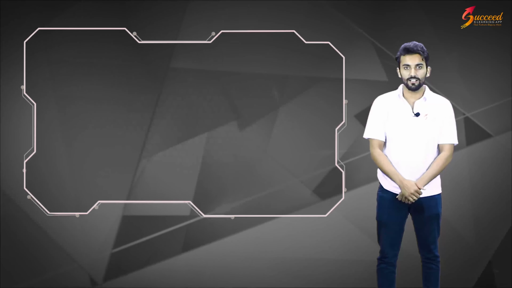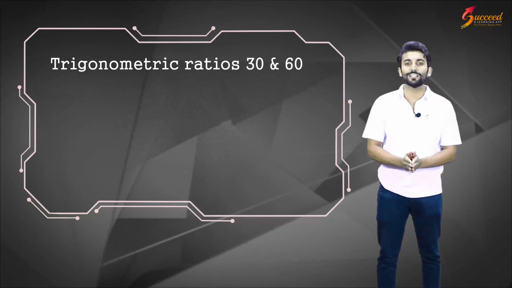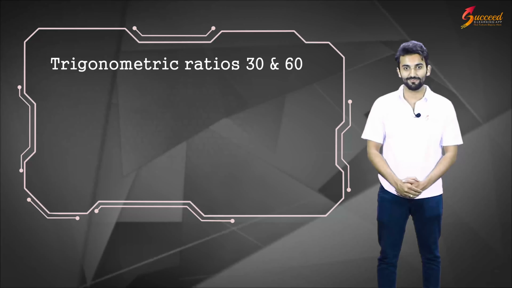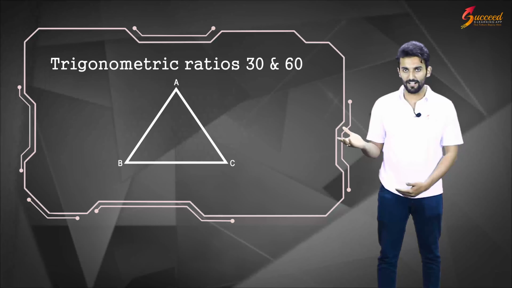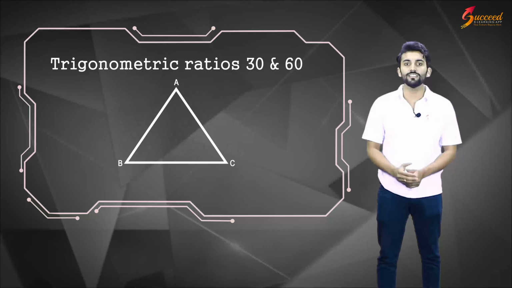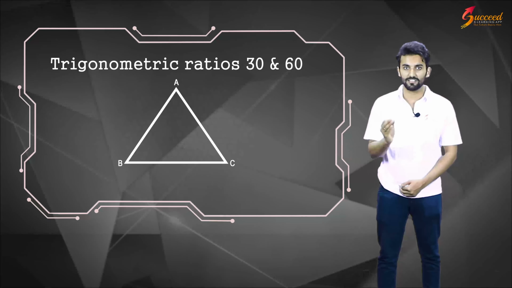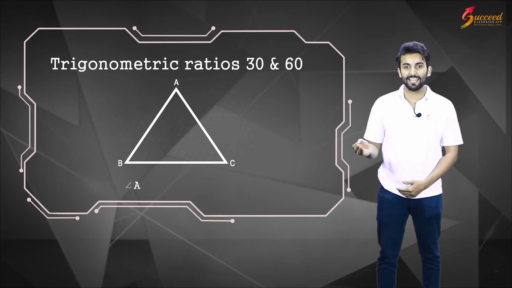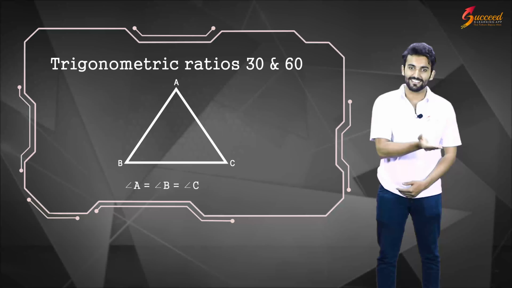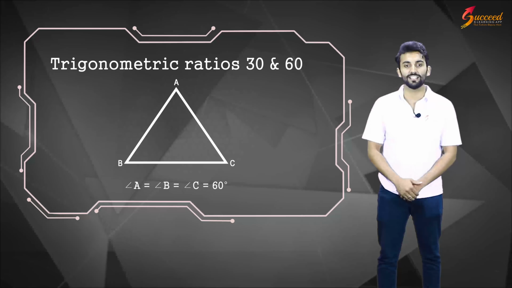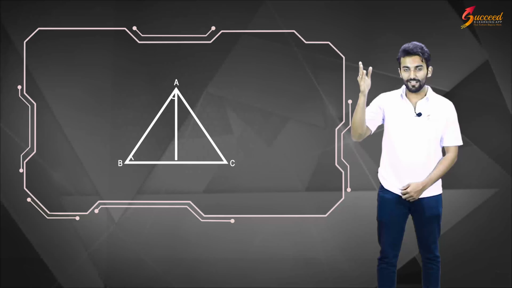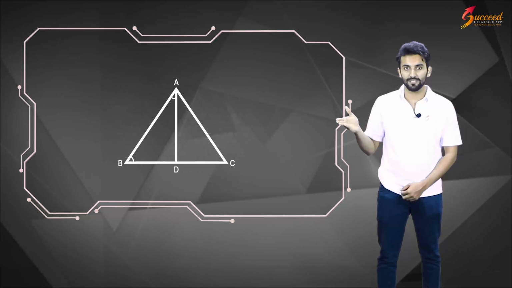Now, let us learn trigonometric ratios of 30 degree and 60 degree. Consider an equilateral triangle ABC. Since each angle in an equilateral triangle is 60 degree, therefore, angle A is equal to angle B is equal to angle C is equal to 60 degree. Draw a perpendicular AD to the side BC.